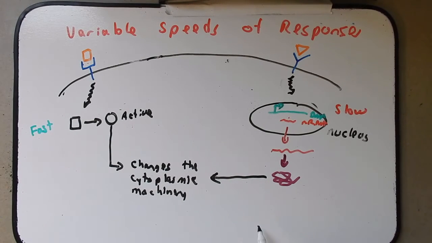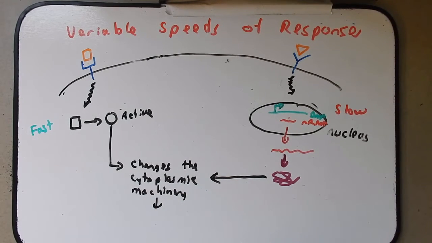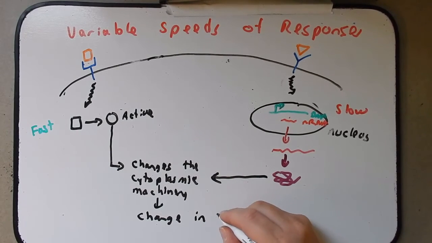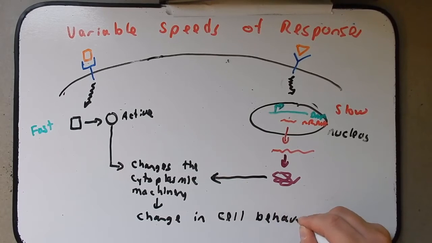A new protein has been made. Both of these will, after changing that machinery, probably not the same pathway, but it could be, lead to a change in cell behavior. That behavior could be to divide, it could be to change shape, it could be to develop, it could be to die, it could be lots of different things.